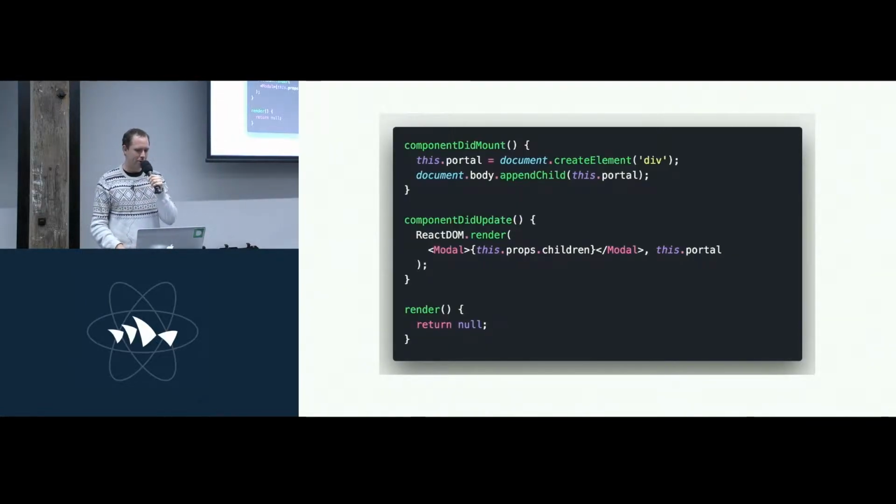And I coded this just in a text file, so this isn't real code. There might be typos, but the idea is that from a component, you would return null from your render function. You would create some other div on the page, and you would use React DOM to render an entire new application into that div and pass your children into it.